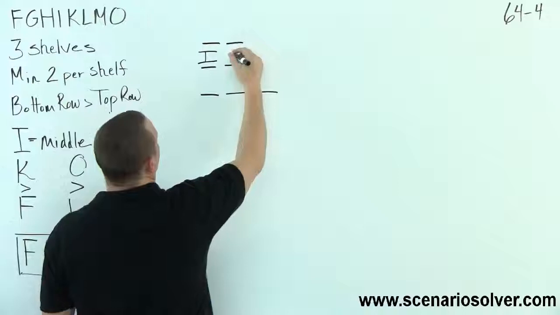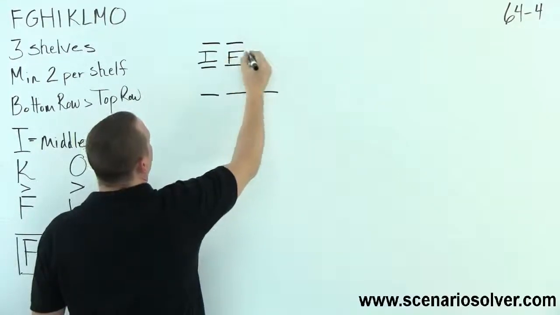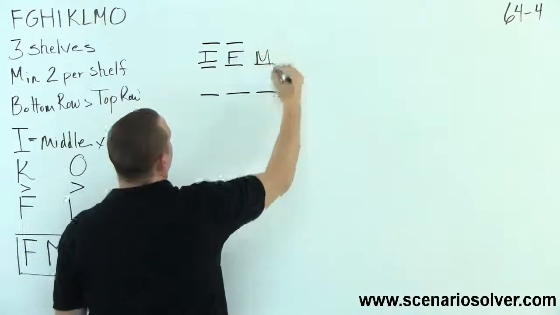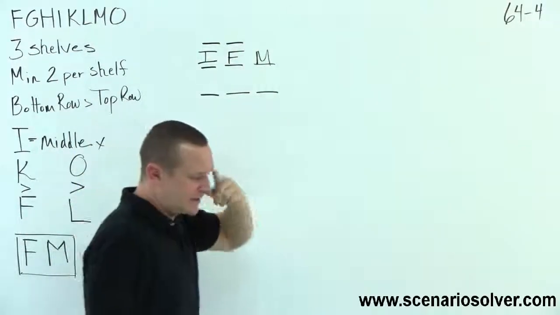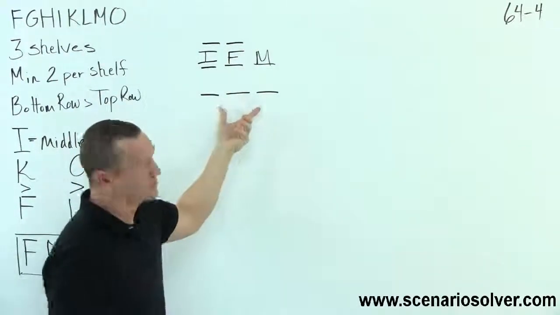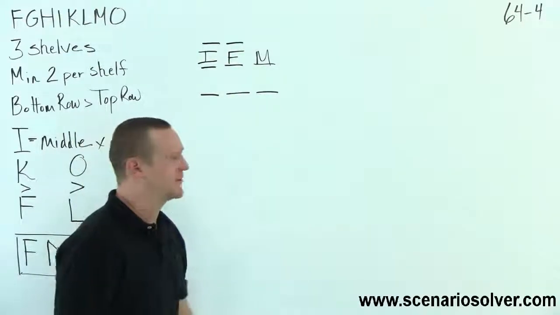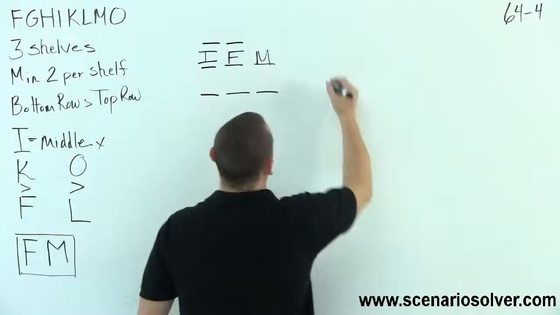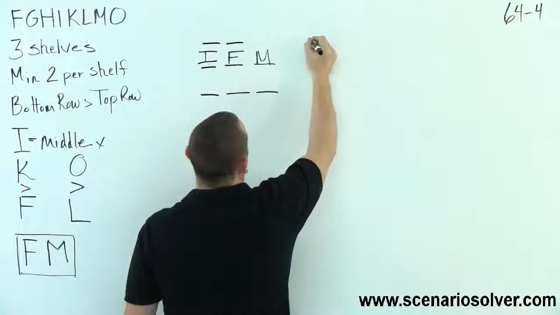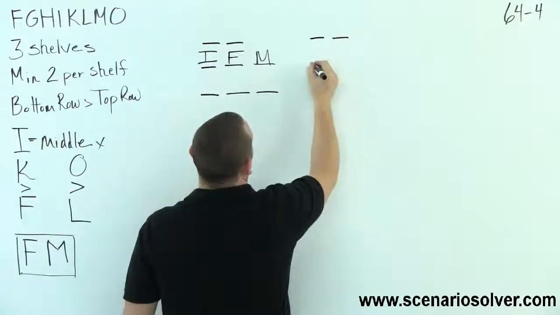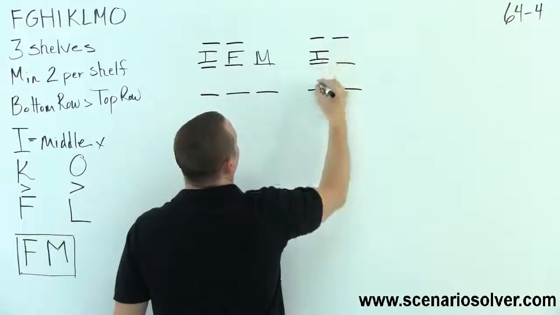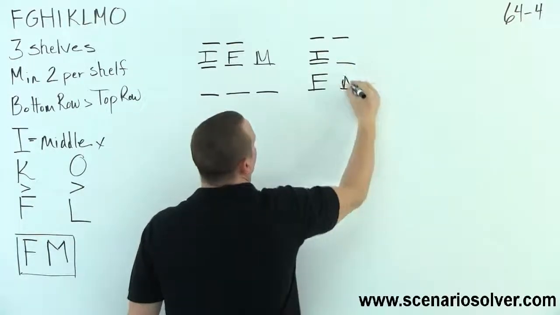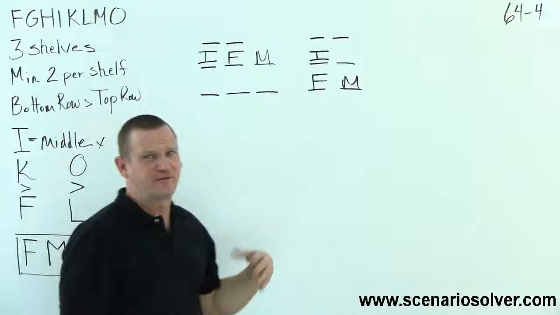So if I place, I'm going to start with F and M here. And notice when I did that, I have created this grouping is complete. I've got a total of 8 variables. Okay, that's all that F and M can do.